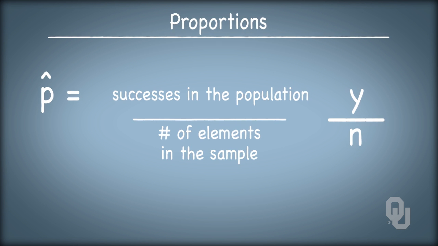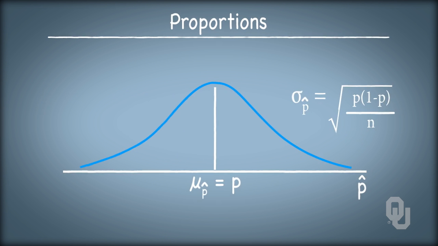And just like we saw with sample means, there's a distribution for the sample proportion P hat, because the proportion of successes in a sample, as you might guess, depends on the sample that we choose. We could get several different P hats for several different samples. So how do we describe the sampling distribution of P hat?